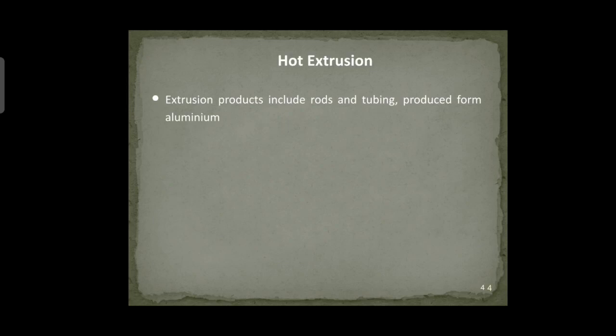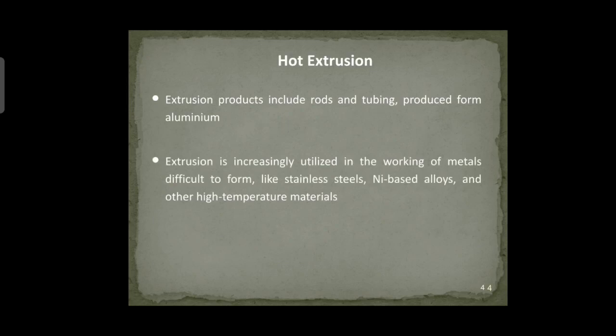So here, not only the rods, the tubes can also be produced from this type of process, the hot extrusion process. Whatever the material, consider aluminium as an example where the products are produced.